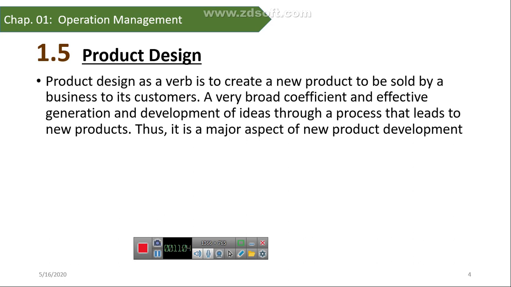There are several factors that affect the design of a product. A product designer must consider these factors before designing the product in order to create a winning design. These factors are as follows. First, customer requirement. Second, facility for the operators. Third, functionality.